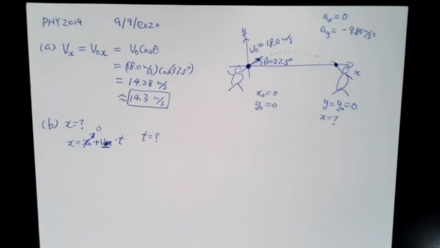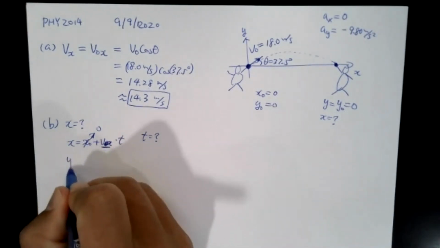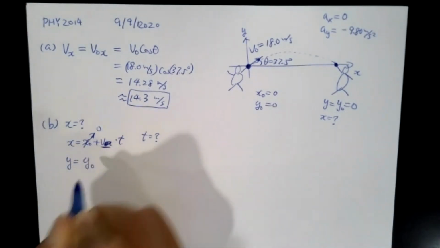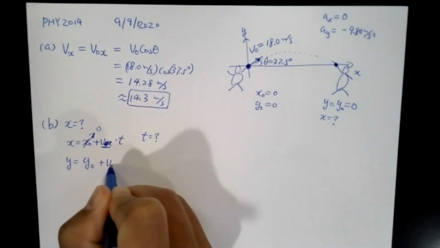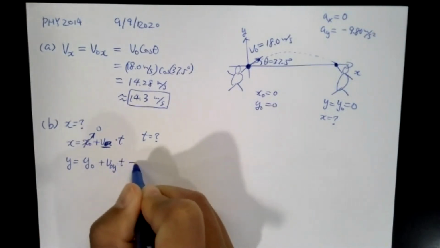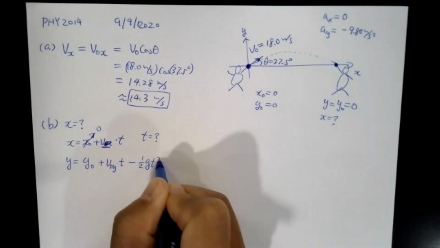So then we'll be looking at the y dimension. You'll check those equations of motion, and you'll probably figure that you can use this equation to find your t: y equals y0 plus v0y times t minus 1/2 g t squared.